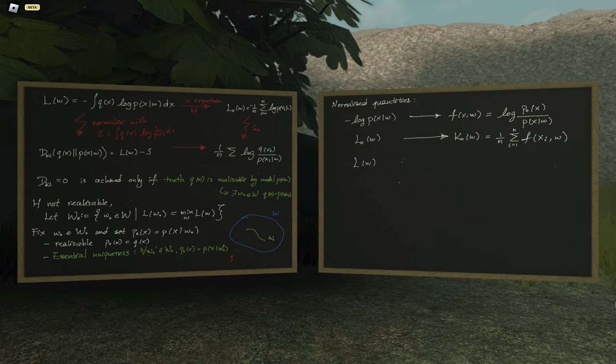So L of W is normalized to K of W, which is the main quantity of interest. L0 is equal to L, the average loss at the chosen parameter, but it doesn't really matter which parameter we choose.